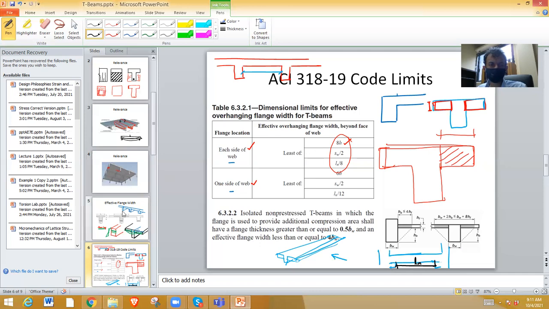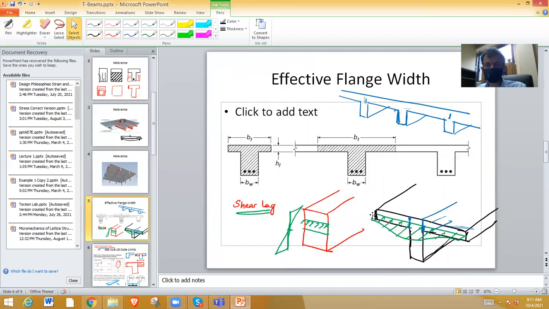Sorry, I didn't explain earlier. What is this effective flange width concept? We said that the stress is varying like that, right? It is not uniform, but we can take this as equivalent to a uniform stress instead of this variable stress. To account for that, I will reduce the flange width. I hope you got what I'm saying.